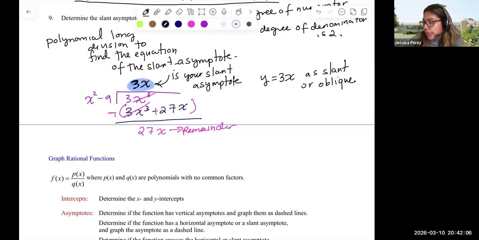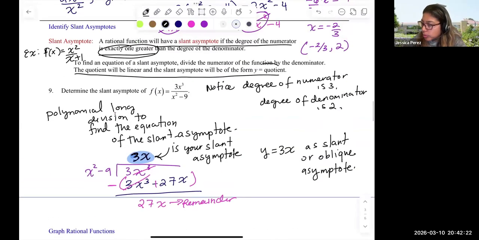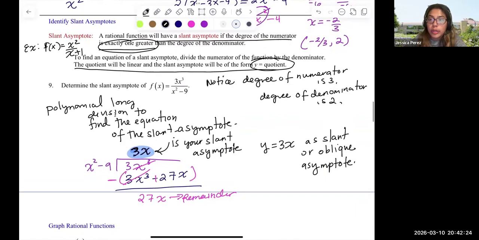That's another word for slant. On the test or on your homework, you might see it as oblique instead of slant. So remember, we do not care about the remainder. We only care about the quotient. So it's y equal the quotient of that polynomial long division.